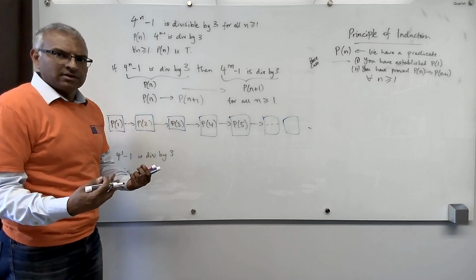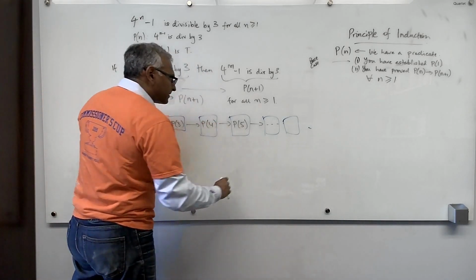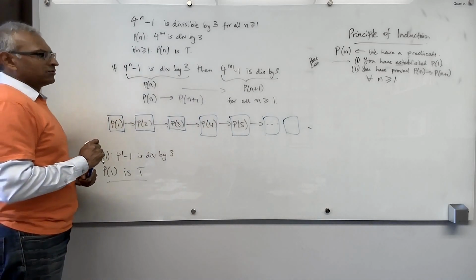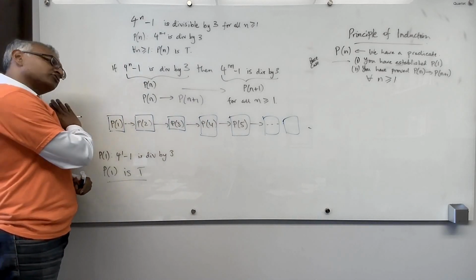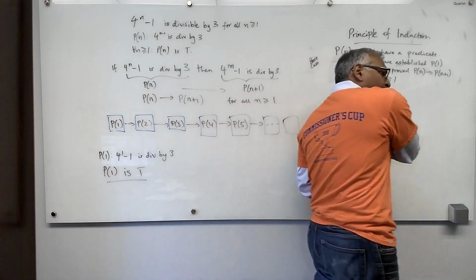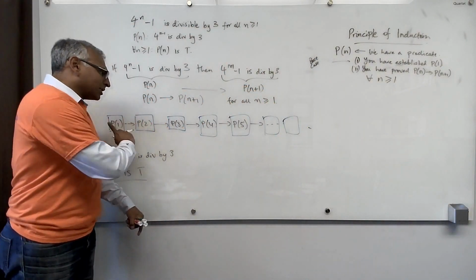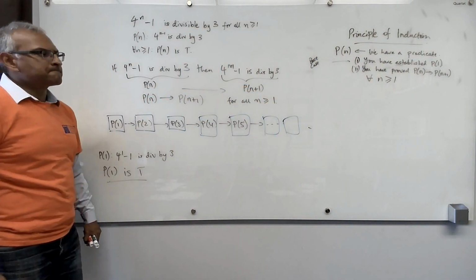Then, effectively, what the principle of induction says is you set up this chain, and by toppling this P of 1, by establishing this P of 1 to be true, you've set up the chain reaction, and that chain reaction goes and establishes the truth of all the remaining predicates for all n to the right of this 1.